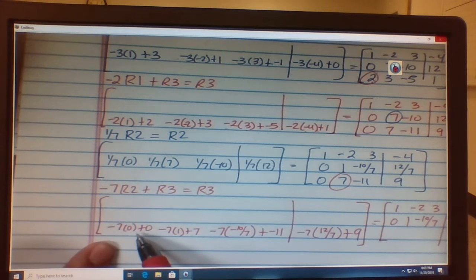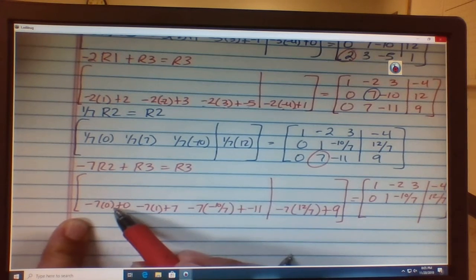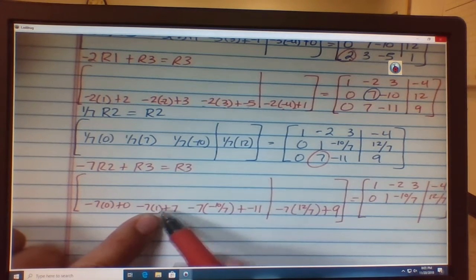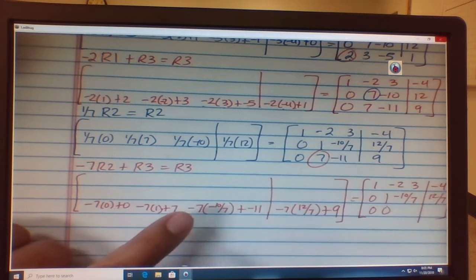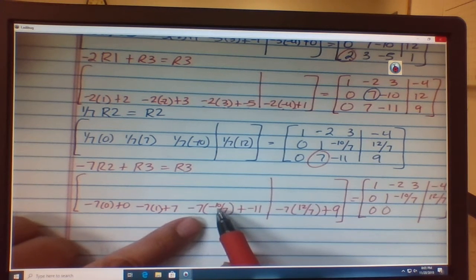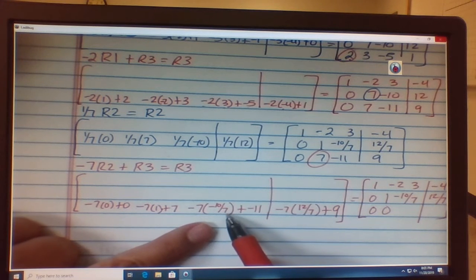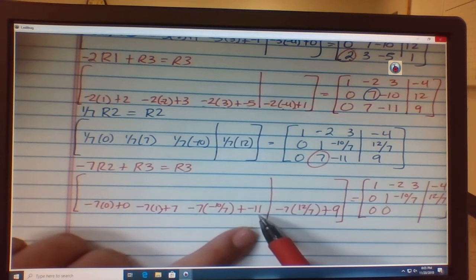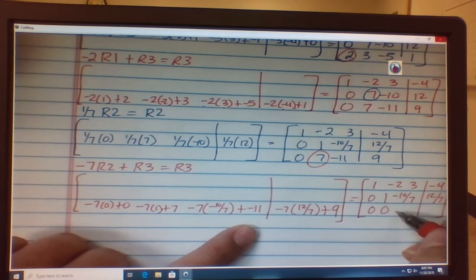So when I do this, this remains a 0. This becomes a 0. Now, -7 times a -10 becomes a +70. Divided by 7 becomes a +10. Plus a -11, a -1.